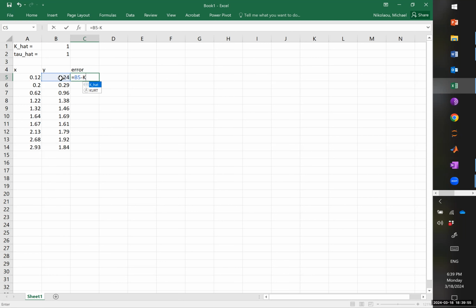The model predicts K hat multiplied by 1 minus the exponential of minus this divided by tau hat, and close the parenthesis. This is my guess. So copy this down.